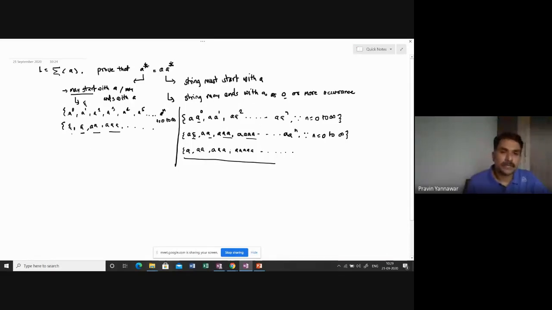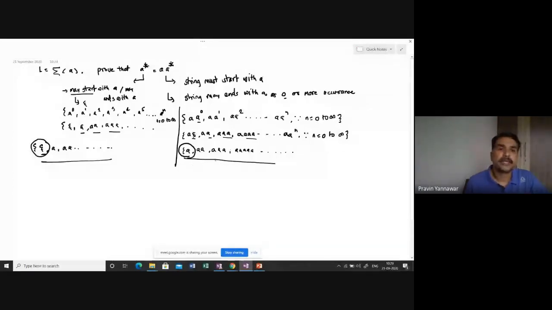If you look at this set very closely, this set contains epsilon, A, and so forth. This one has A and this one has a 0 occurrence, so this set is different from that set.